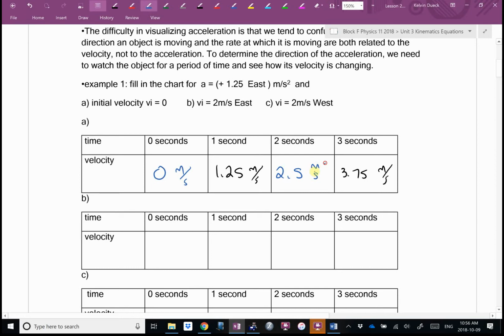Can we fix this one here and make it meters per second? After 4 seconds, how fast? Add up 1.25. Here's the question. After 480 seconds, how fast am I going? Do I have to calculate the previous 479, or is there a way that I can get there all at once? There is a way that I can get there. Let's come back to that.